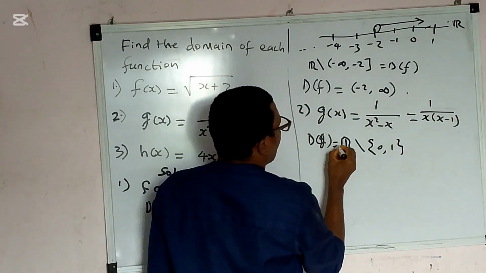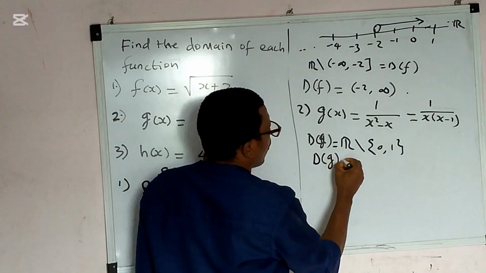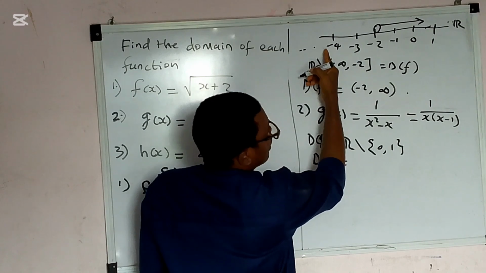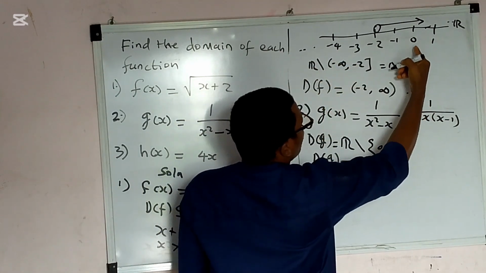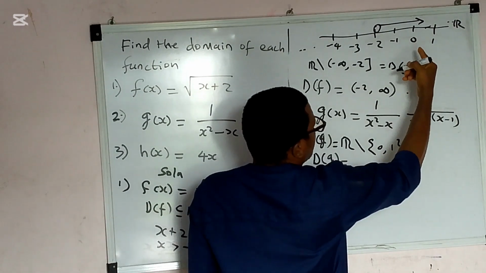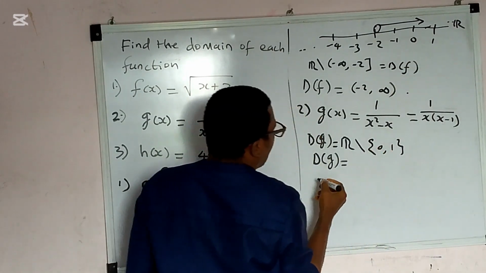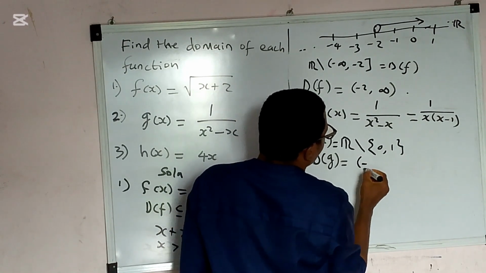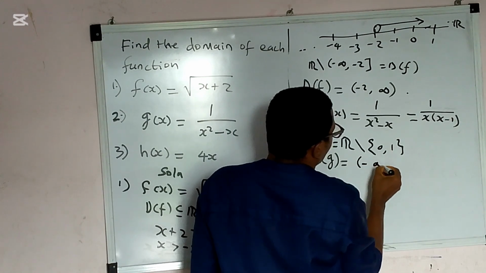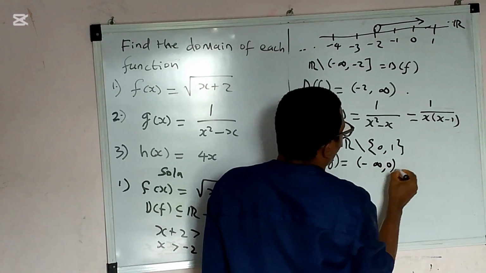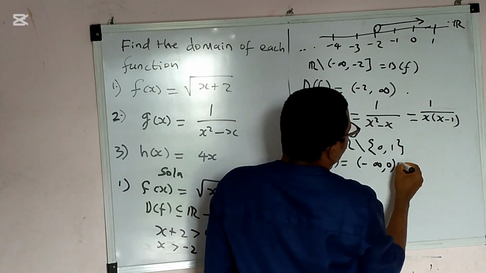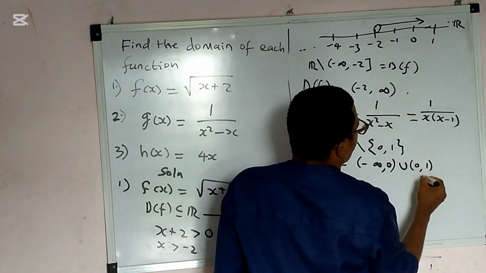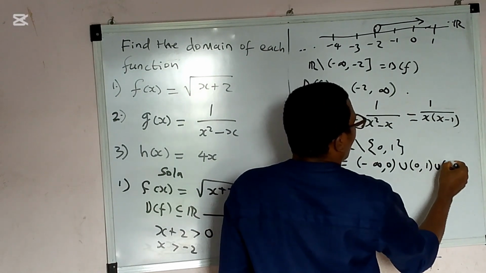So in other words, the domain of function g will be from negative infinity up until 0, you avoid that, and then between 0 and 1, and you avoid 1. So the domain of g will be from minus infinity, comma 0, union 0, comma 1, and then union 1, comma infinity.